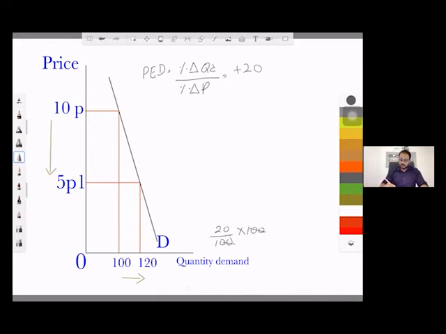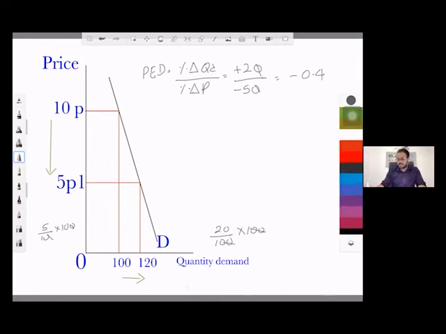Now you're reducing the price. 5 divided by 10 into 100, cancel. It should be minus 50. Cancel. 2 divided by 5. The answer should be 0.4, minus 0.4. Just to double check, 2 divided by 5 should be 0.4.